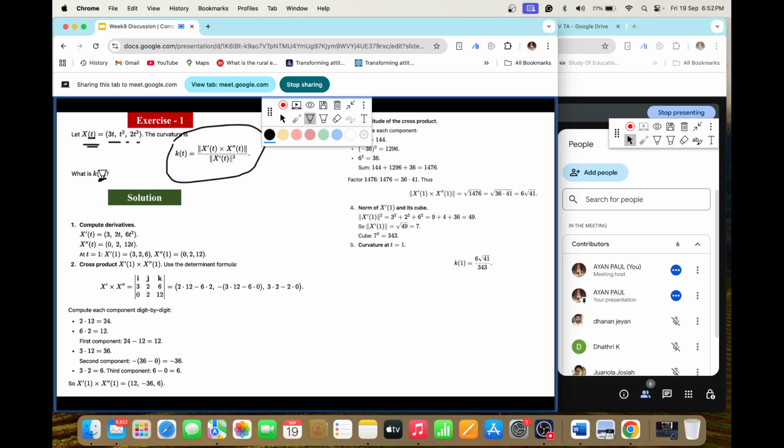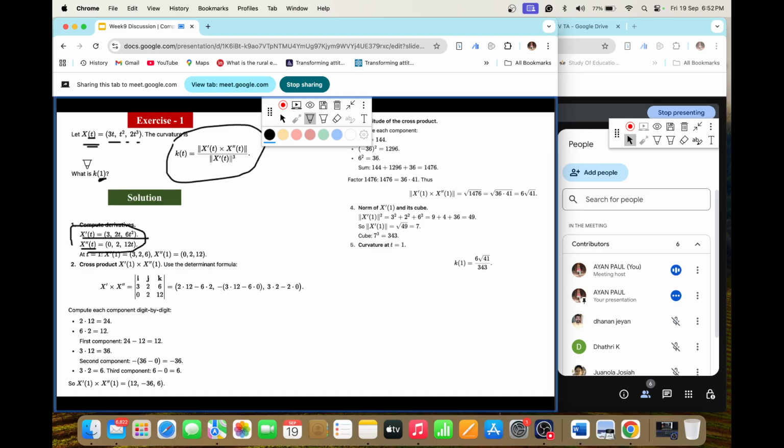Very easy. First we calculate x dash, that will be equal to 3, 2t and 6t square. Then we calculate x double dash t: 3 is a constant, that is 0, then 2 and 12t. So we have calculated x dash t and x double dash t.